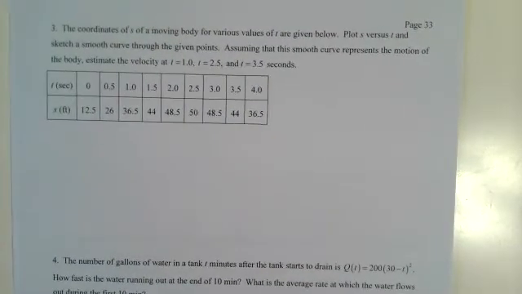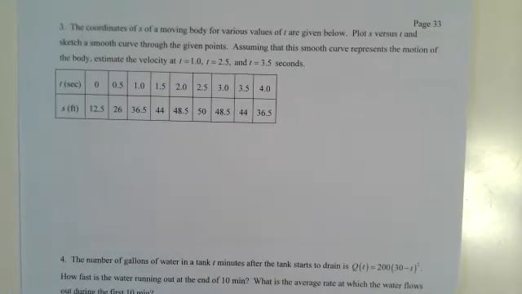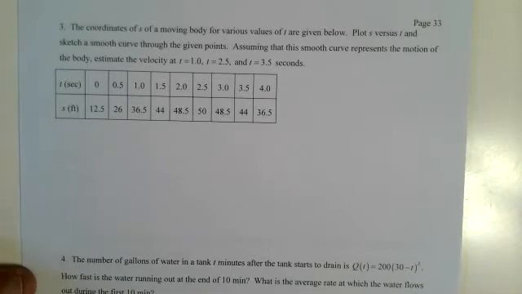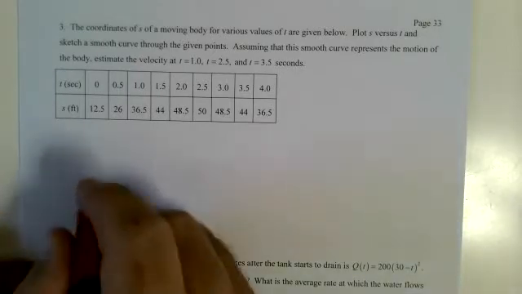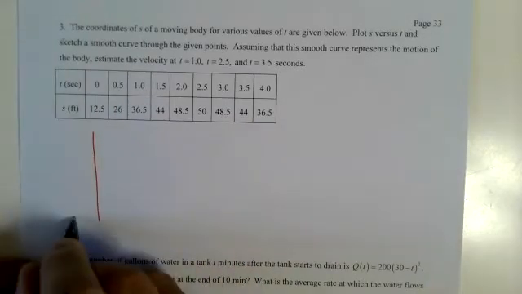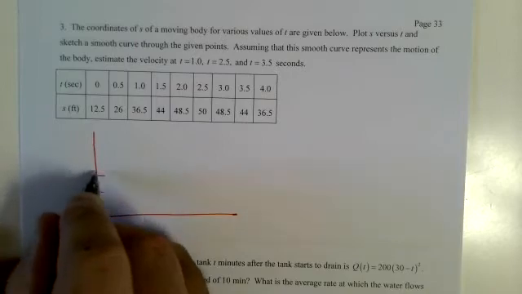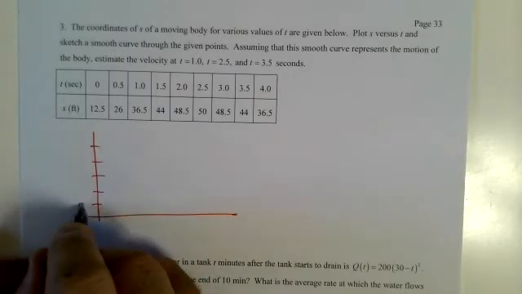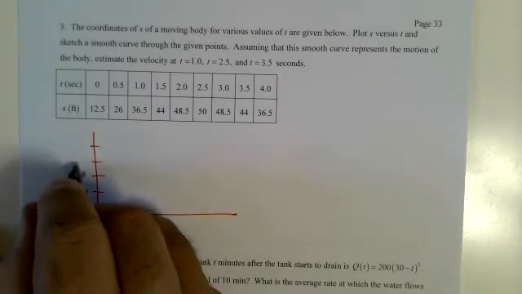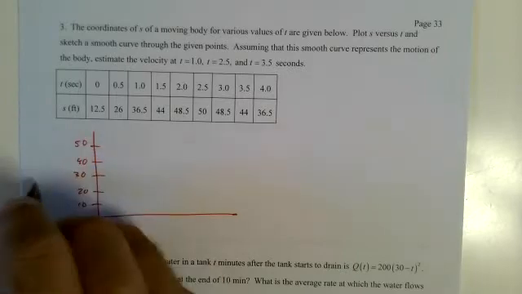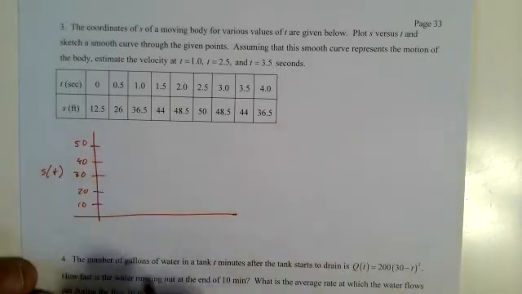Coordinates of a moving body versus time are given below. Plot s versus t, sketch a smooth curve through the given points to represent the motion of the body, estimate the velocity, and so on. Scale is 10, 20, 30, 50 for s of t.